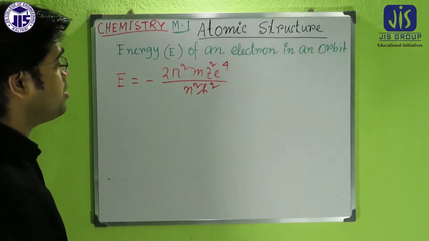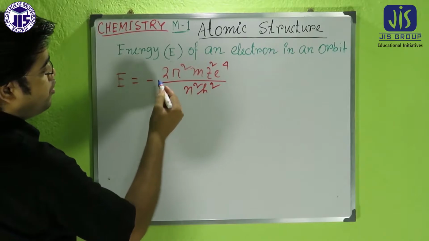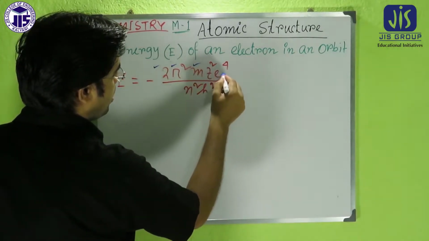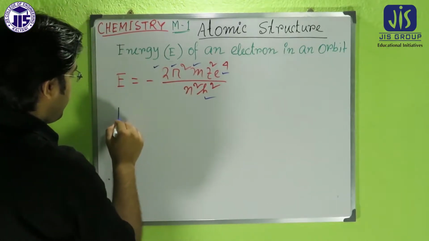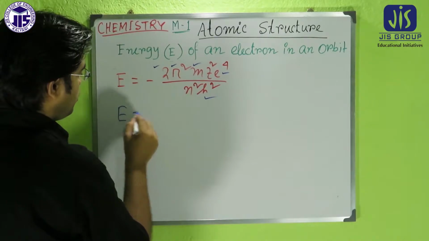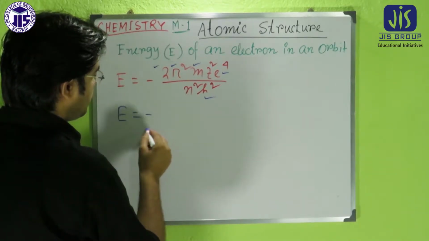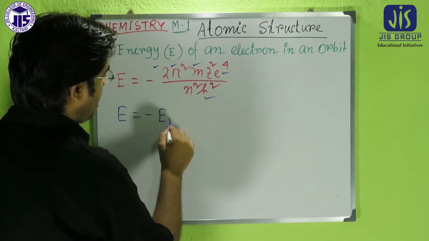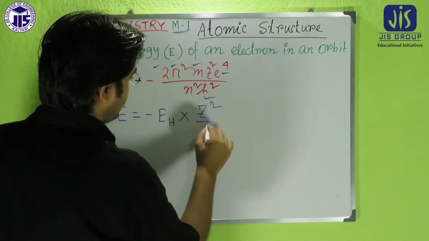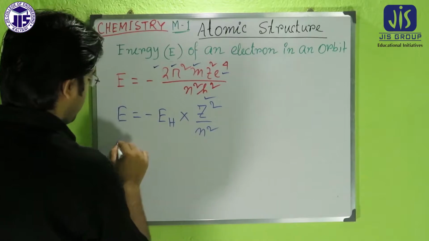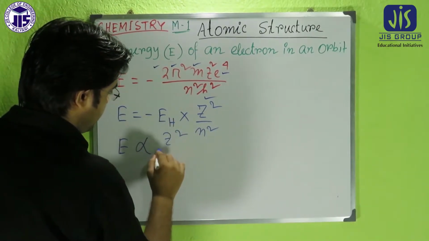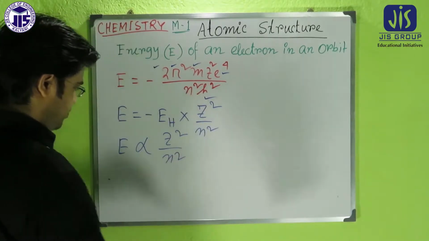Now like the previous case also, here if you check, all the other terms are almost constant. So we can write E proportional to, or E equals minus E of hydrogen into Z square by n square, or we can write E proportional to Z square divided by n square.